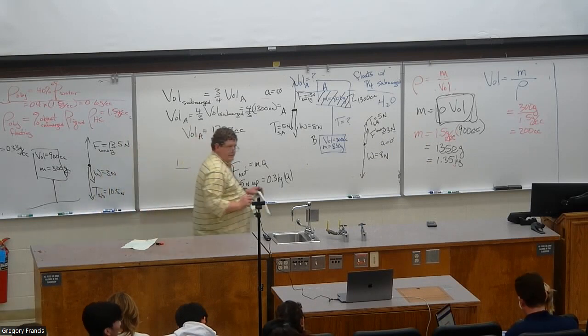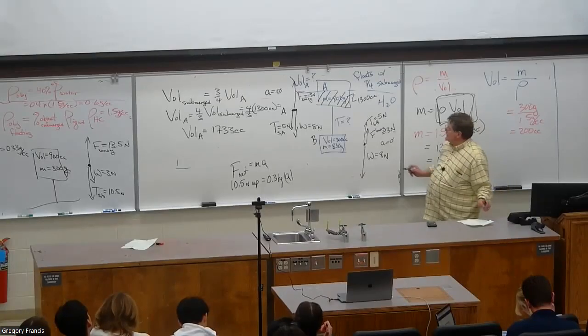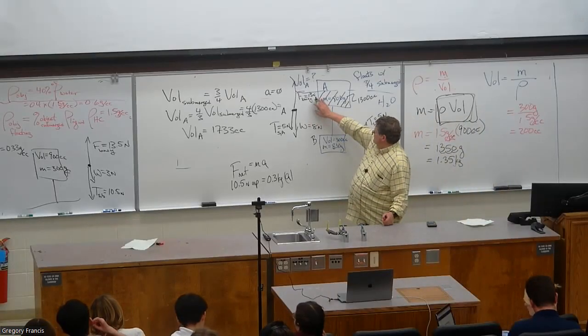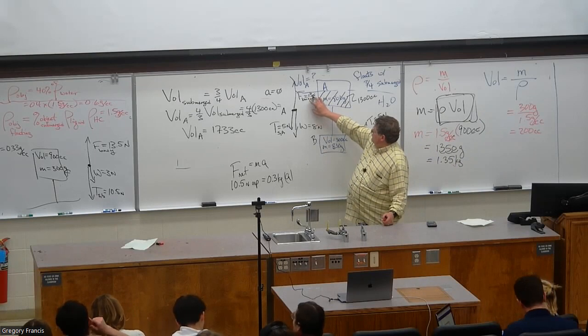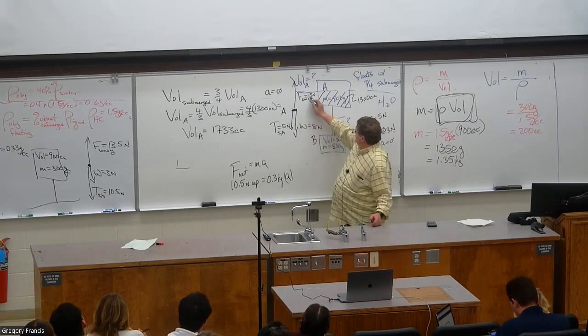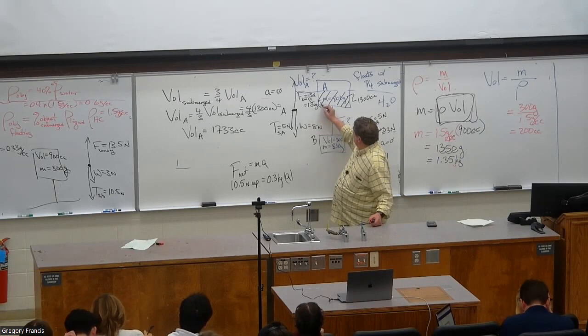Wait, how did you get the 1,300 from this buoyant force? I got that because 13 newtons is 1.3 kilograms times g, which is 10 newtons for each kilogram.